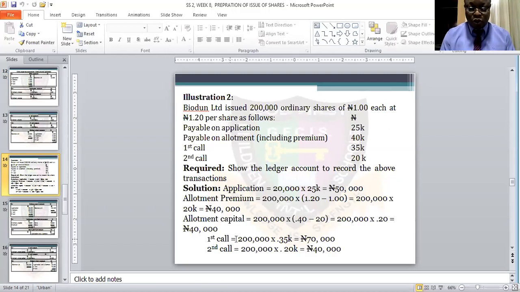Then first call, 200,000 multiplied by 0.35. 0.35 is 35 kobo divided by 100 kobo. That will give you 70,000 naira. Then second call, 200,000 naira multiplied by 0.2. That is 20 divided by 100 kobo. That will give you 40,000 naira.